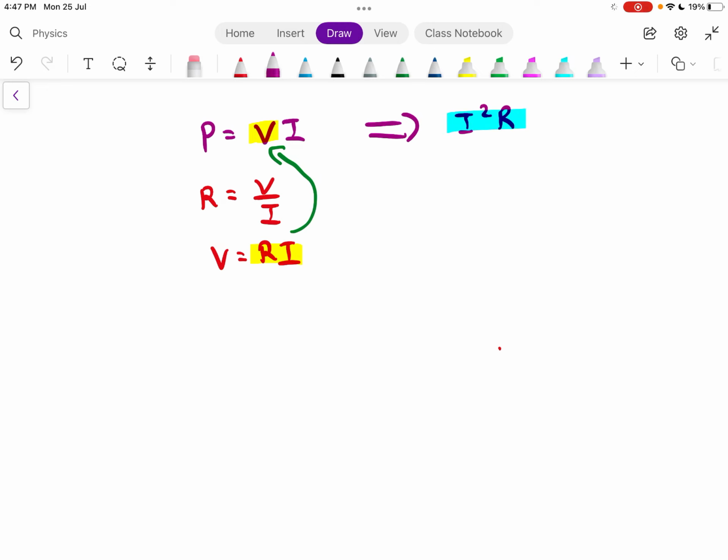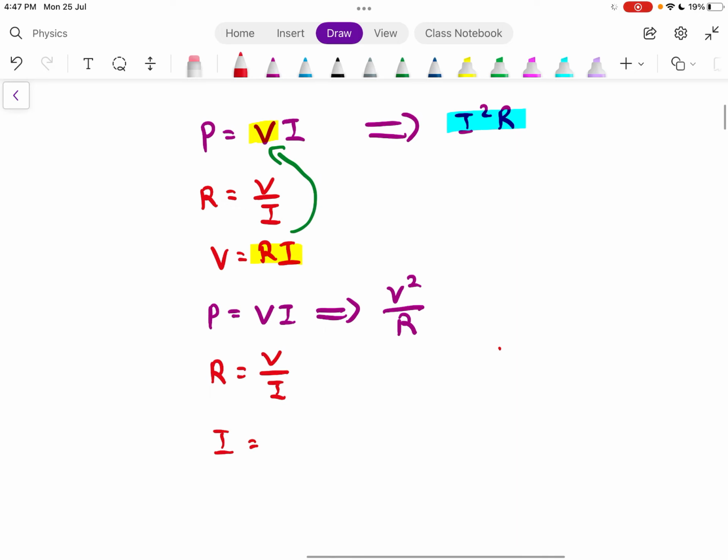Of course, how do I change P equal to VI to V square over R? This one I can also use R equal to V over I, but now I must make I the subject. So I is equal to V over R. Now you can see that I is here, so you just sub V over R into this part.